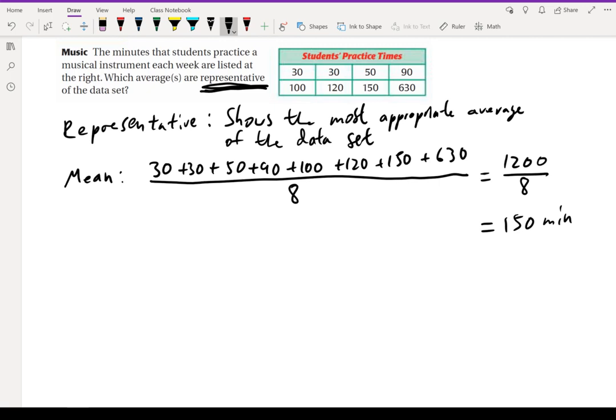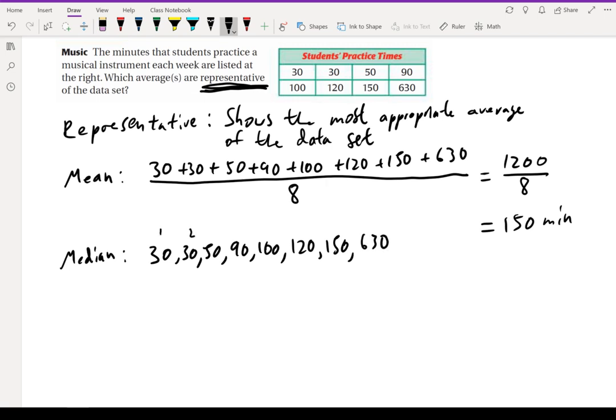Then let's look at the median. What we do in the median is we have to sort the data from smallest to biggest. And good thing, it's already sorted. So all I have to do is list it out: 30, 30, 50, 90, 100, 120, 150, and 630. And we take the two middle numbers.